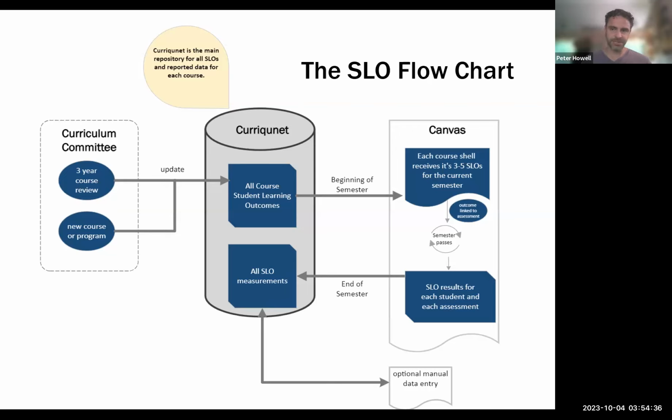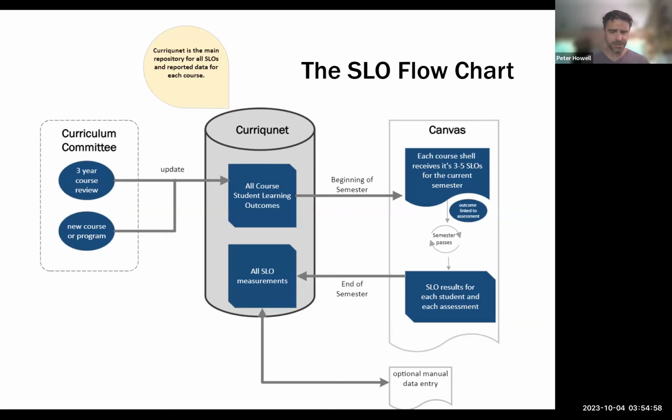And it's also going to hold all the measurements that we as faculty do as SLOs. So our SLO data, also its main repository is Curricunet. So even if you do it through Canvas, it's all getting passed back to Curricunet. So that's the permanent storage.